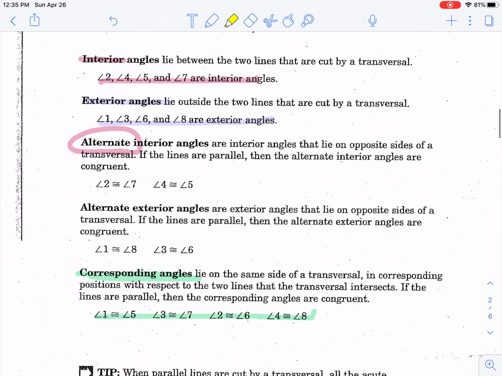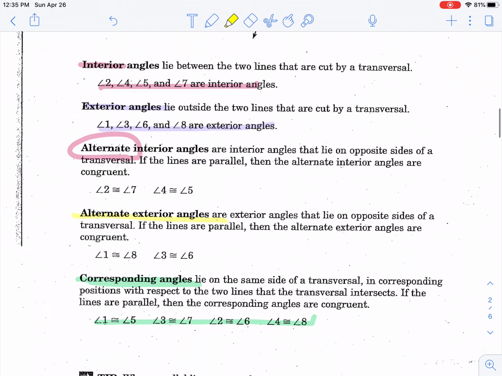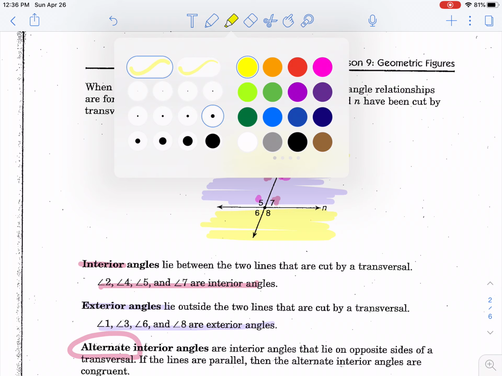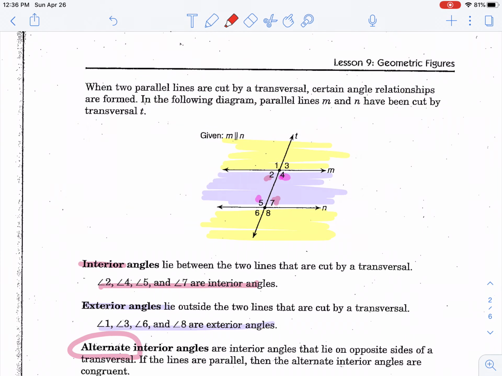Exterior would mean on the outside, and alternate each other would mean that they are on opposite sides.